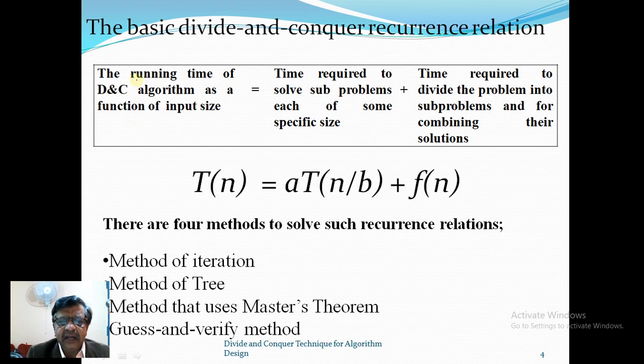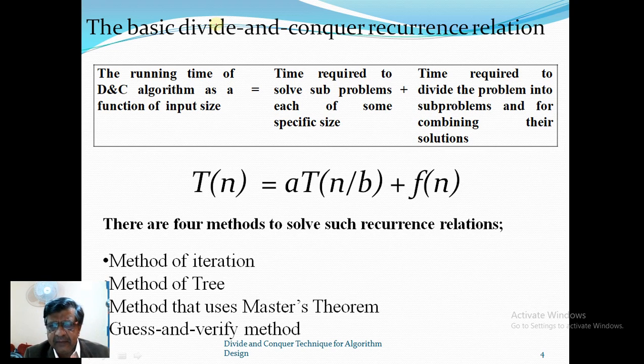Anyway, it can be told like this: the running time of the divide and conquer algorithm as a function of input size equals the time required to solve subproblems, each of some specific size, plus the time required to divide the problem into subproblems and for combining their solutions. The total time consumed by any algorithm in terms of its running time can be broken into two parts.